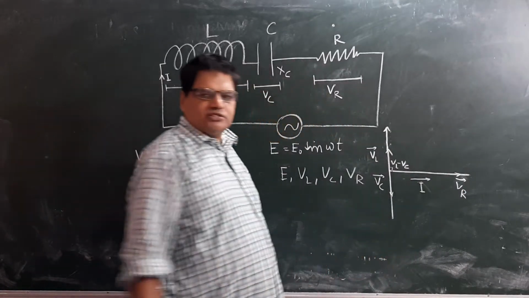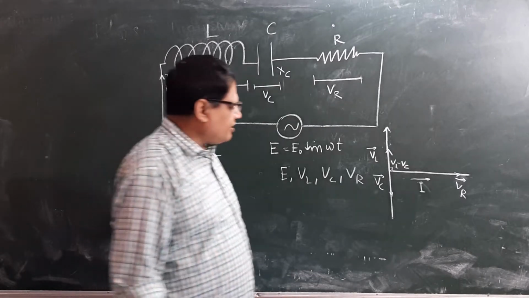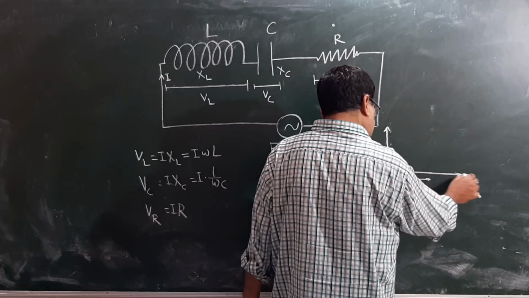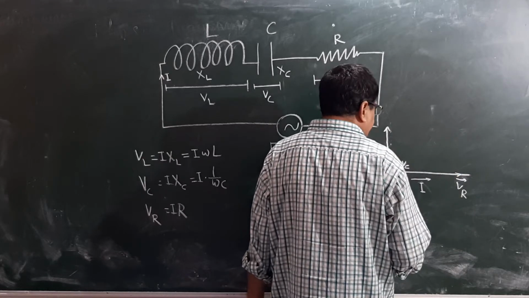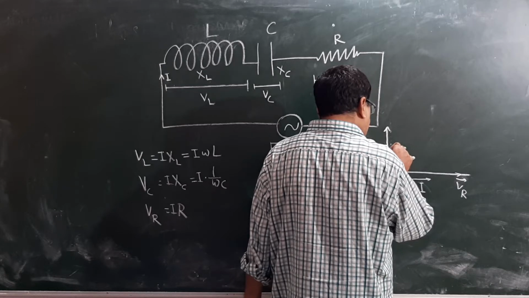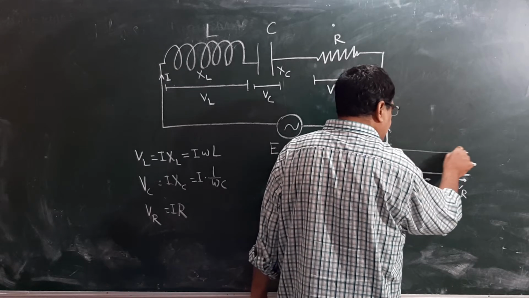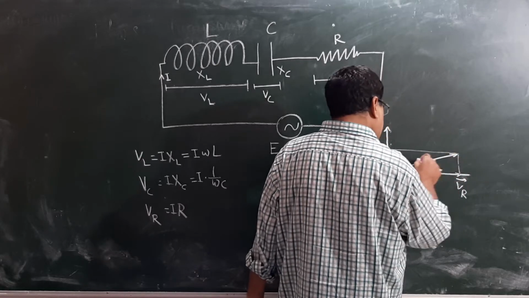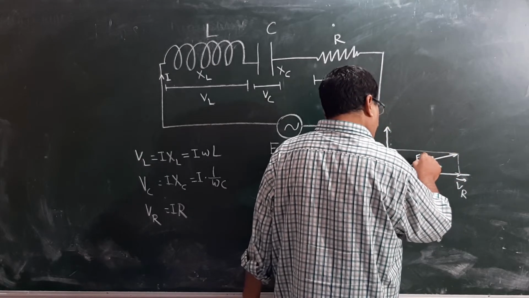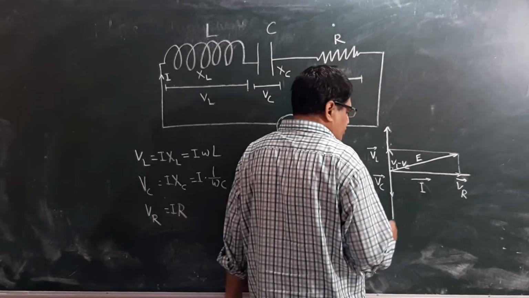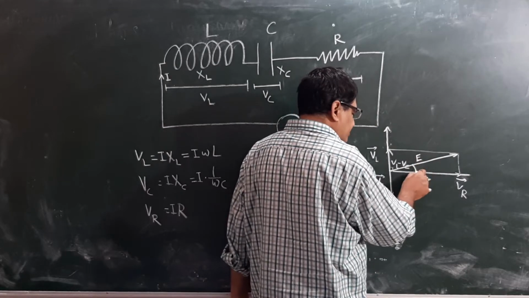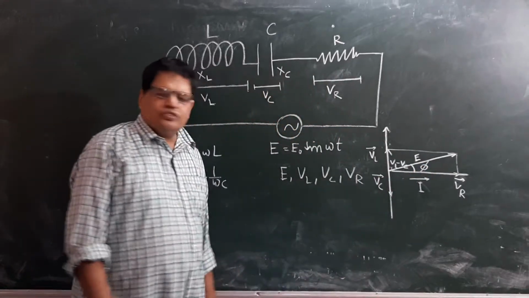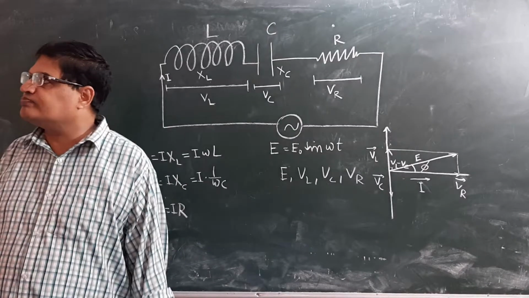So we can find out the resultant vector, that is E. This vector and this vector will give a resultant, and we can find it by drawing the rectangle like this. So this vector will be E, and the angle between E and I will be phi, that is the phase difference between E and I. So this will be the phasor diagram.